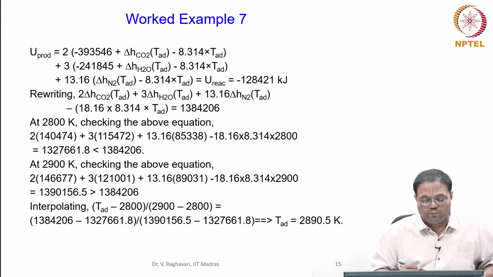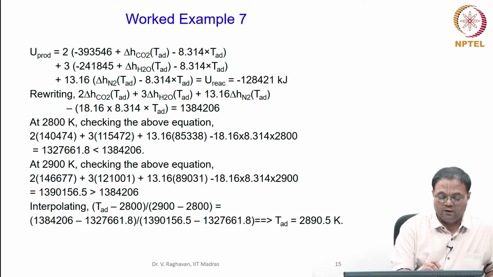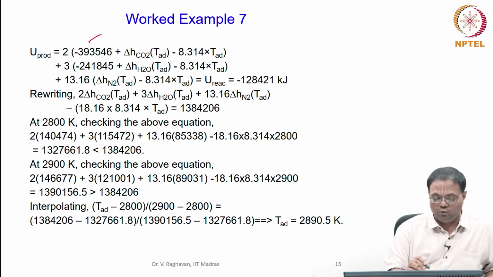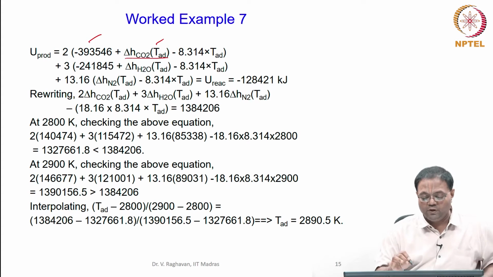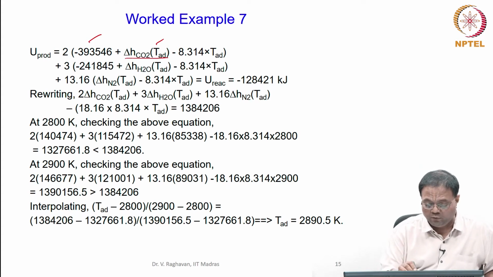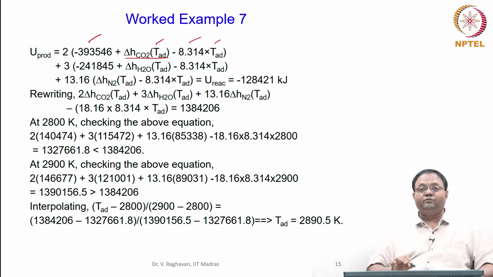Now the internal energy of the products is 2 times CO2. So this is HF of CO2. Then the adiabatic flame temperature we do not know, but you just write the equation: enthalpy, sensible enthalpy of CO2 calculated at TAD, which we are going to assume. Similarly, RU times TAD also appears here.